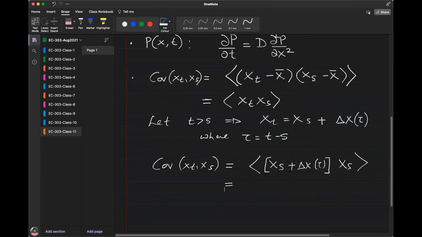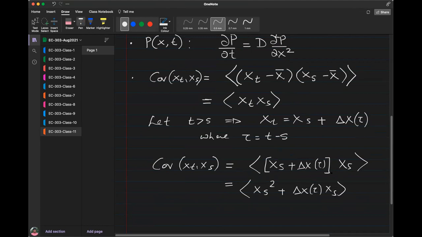So of course, now to follow up further, you need to know some properties of random variables. When you have a summation like this inside the expectation value, you can just take xs times xs, which is xs square. I'm just going to not do anything else right now. Delta x of tau times x of s.